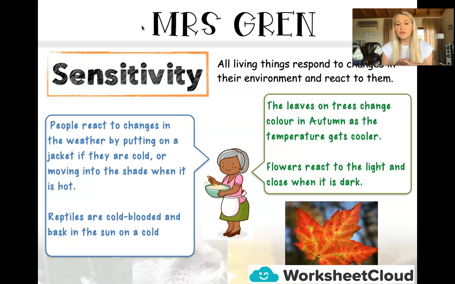And I'm sure all of you have seen the different shades of autumn colors, the oranges and the browns and the yellows. They're a beautiful range of colors that the leaves turn. And the leaves start to change color, and eventually they fall off the tree, and the trees then survive throughout winter, and they just wait for spring and the temperature to start picking up so that spring can occur.